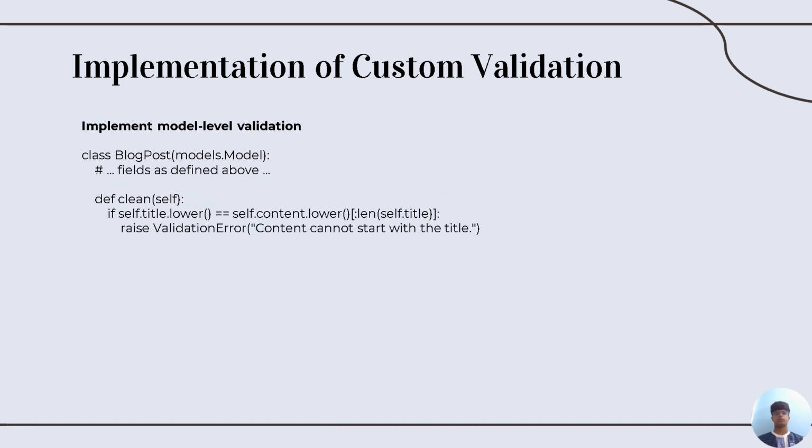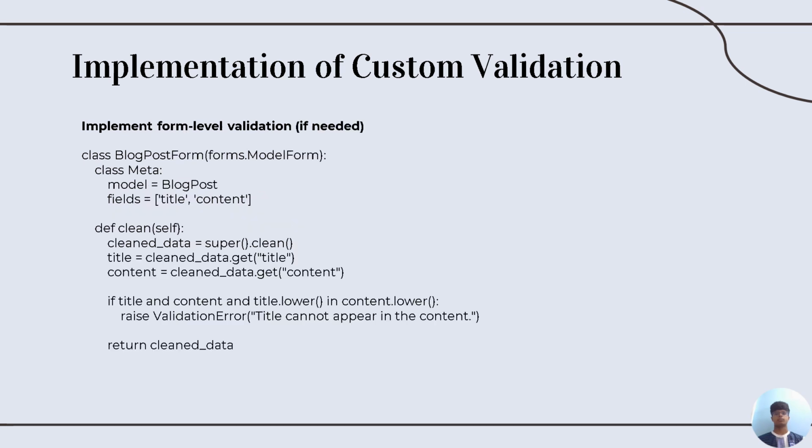Then we implement model level validation in class BlogPost model. We define clean(self). We check whether self.title.lower() is in self.content.lower(), and raise a validation error. Implement form level validation if needed.